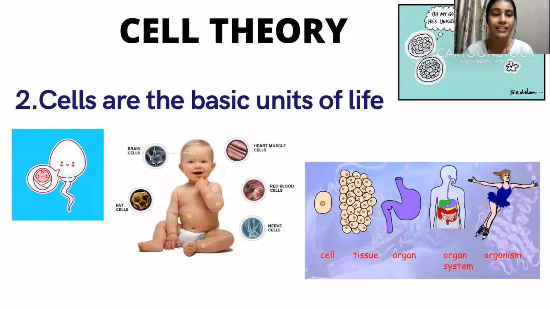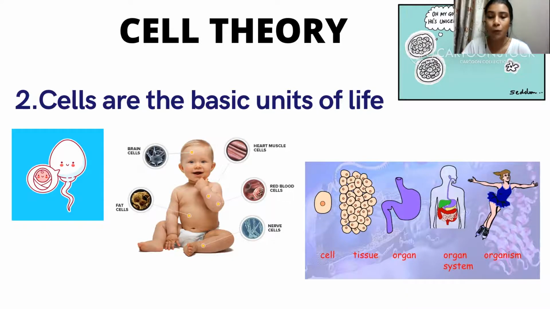Second, we come to: cells are the basic units of life. When I say cells are the basic units of life, it means that whenever life was there on this earth, the cell was the smallest unit that was seen with life. From there, cells slowly evolved into tissues, working together with other cells.